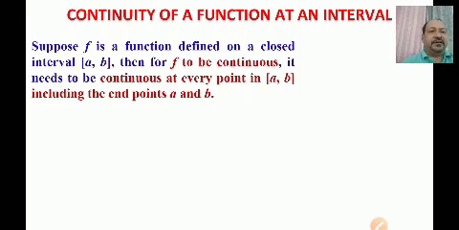If a and b are given in open interval, then it is no problem. But when a and b are in closed interval, then you have to check the continuity of a function at these 2 points, also a and b.